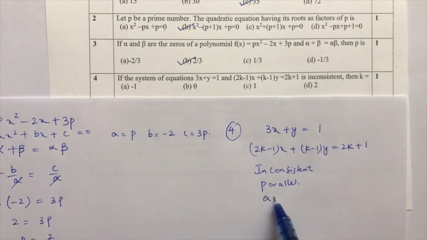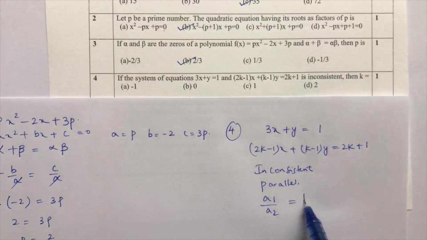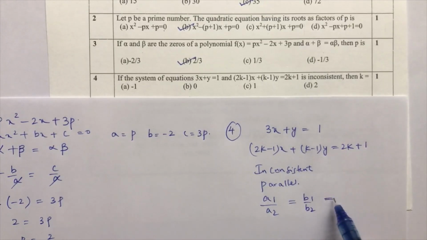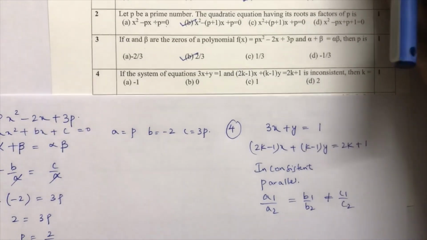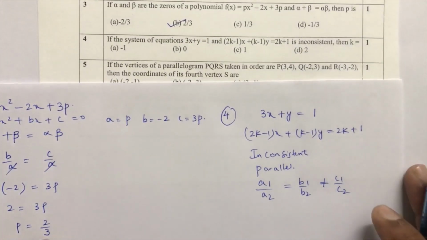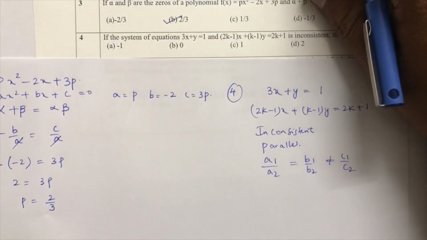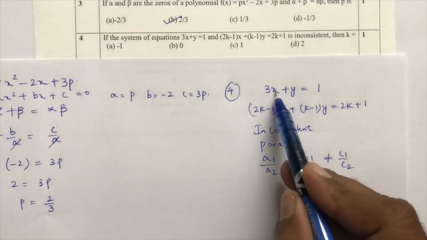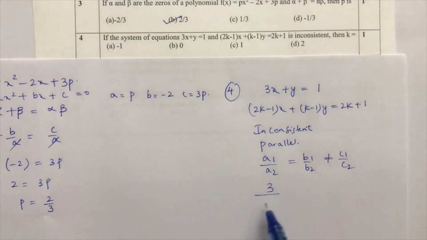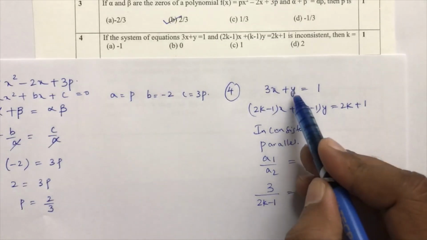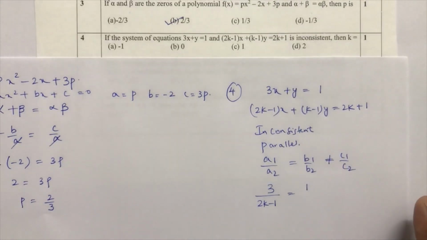Condition for parallel lines is a1 by a2 is equal to b1 by b2 and it is not equal to c1 by c2. So here the coefficient of x is 3 by 2k minus 1, the coefficient of y is 1 by k minus 1. If you simplify, here you will get the value of k.